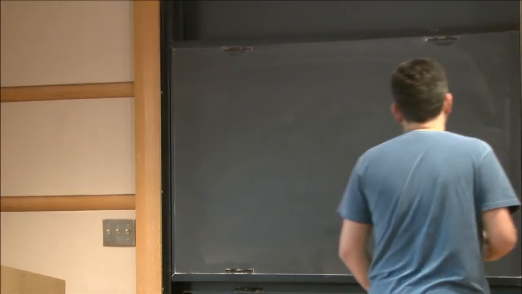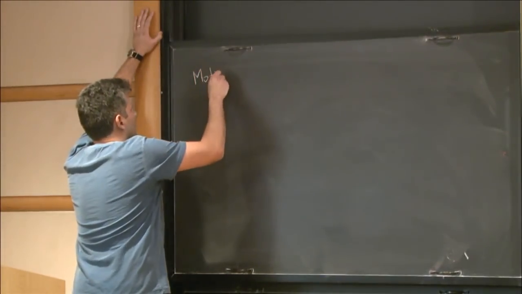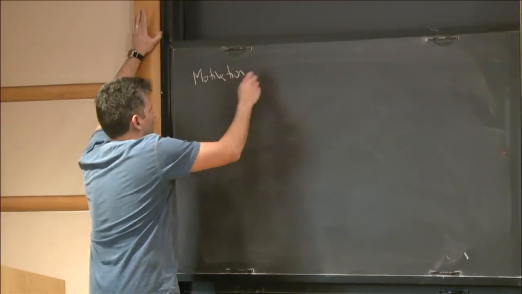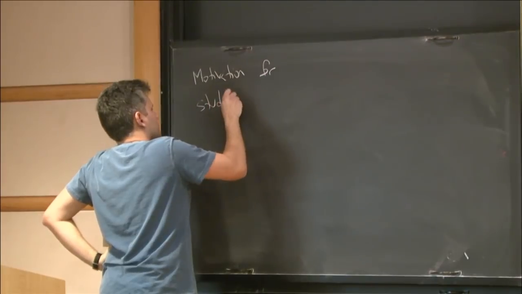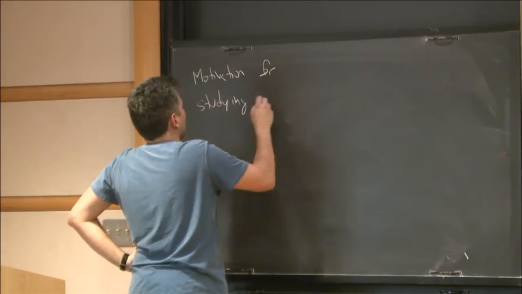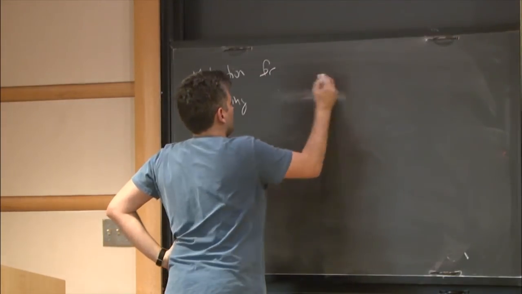So even if you really don't care much about immersed surfaces, this result can say something new and interesting for embedded ones as well. But I just want to point out a motivation for studying immersed minimal surfaces, this sort of estimate.